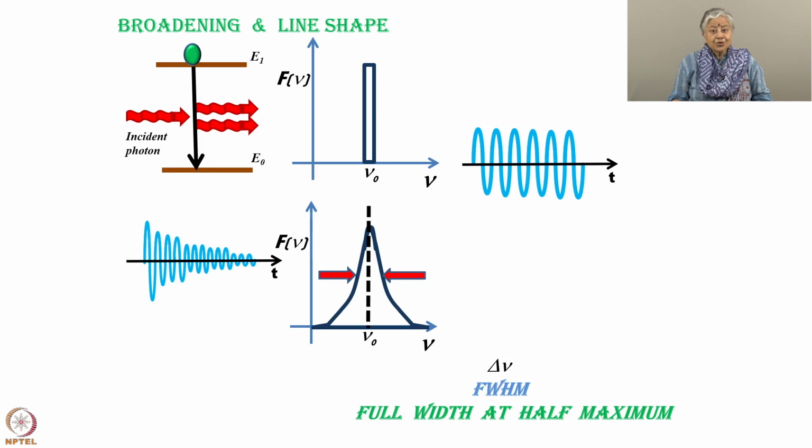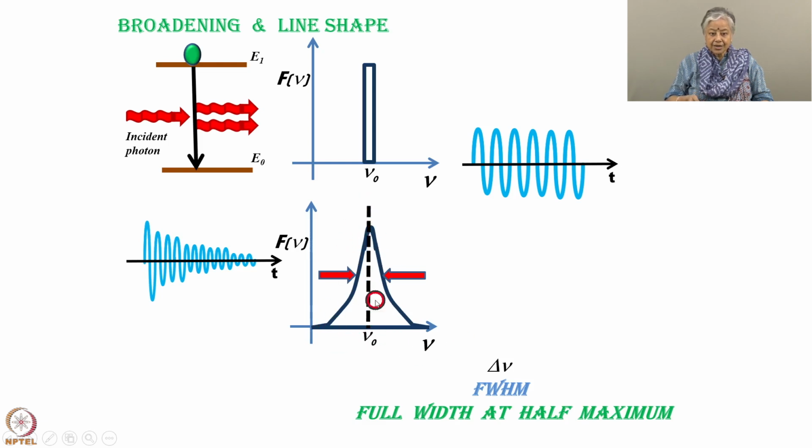So, it does not remain monochromatic anymore. Along this central frequency of nu 0, you have other small frequencies which are happening. That means you have a kind of broadening of this line. The line is no longer a single line like this.